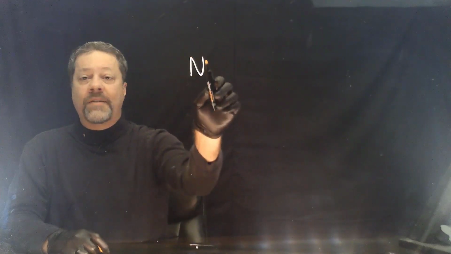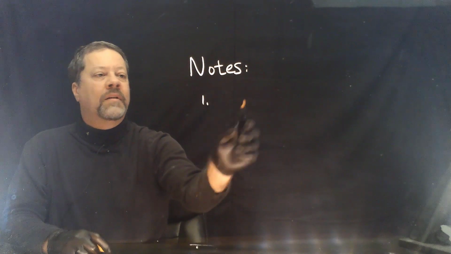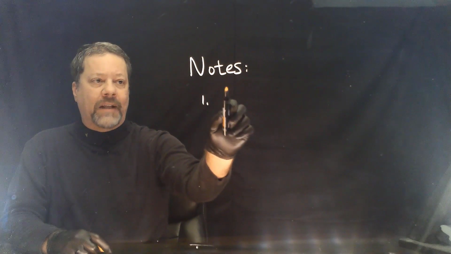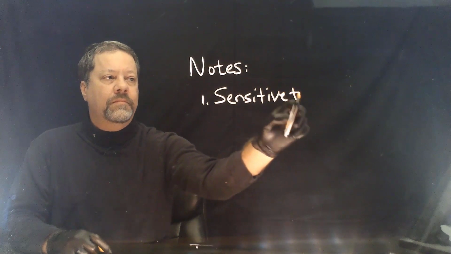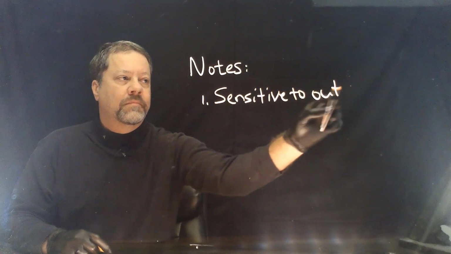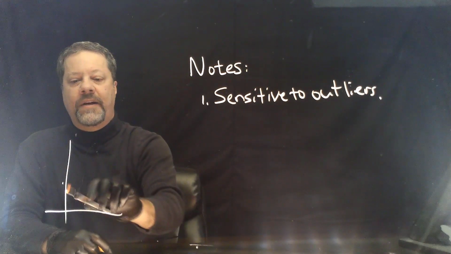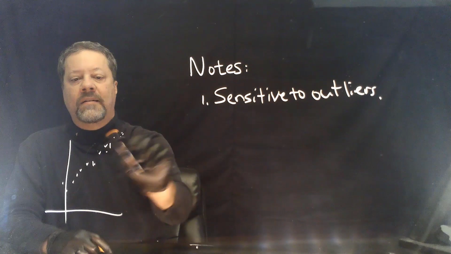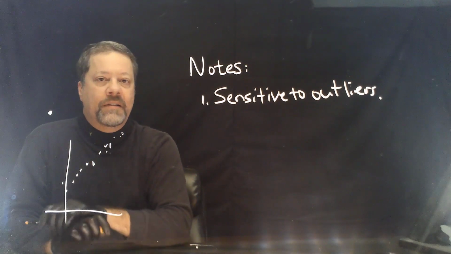Some notes about the correlation coefficient. It is sensitive to outliers. Yes, if you have data that's more or less like this and then something way over here, that can throw that linear relationship way off.